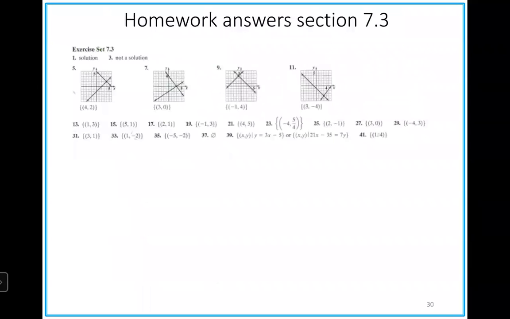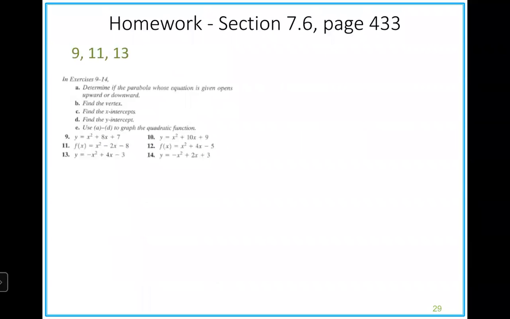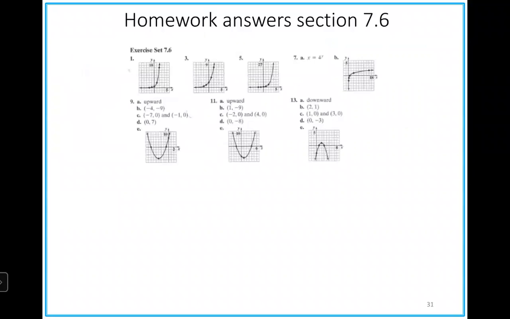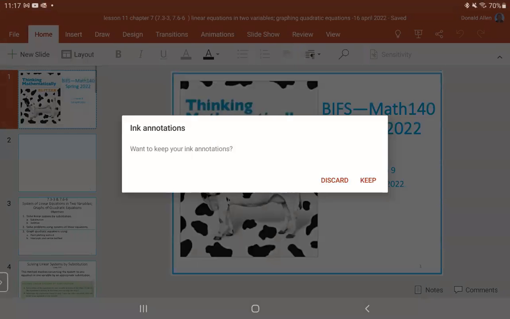And then we have a few questions, 3 questions from 443, 7.6, where you have to draw the parabola using the intercepts, etc. And then the answers are here. And that's basically it for today's lesson. I don't know if you have any questions or any concerns.